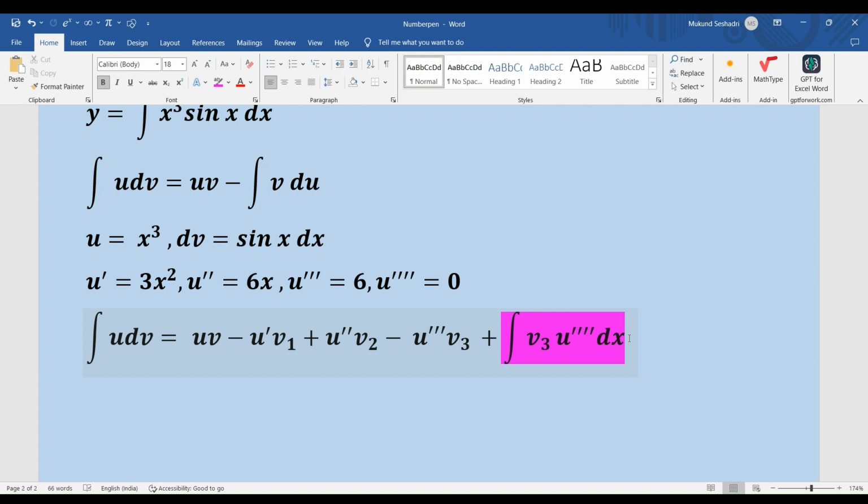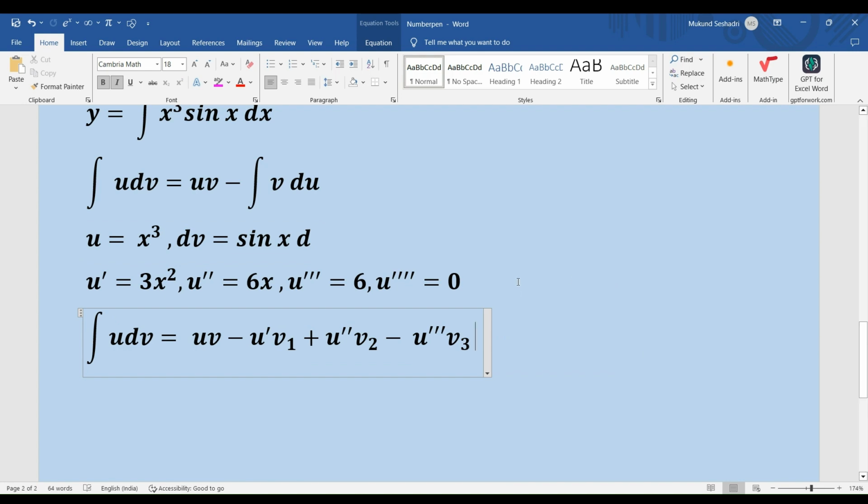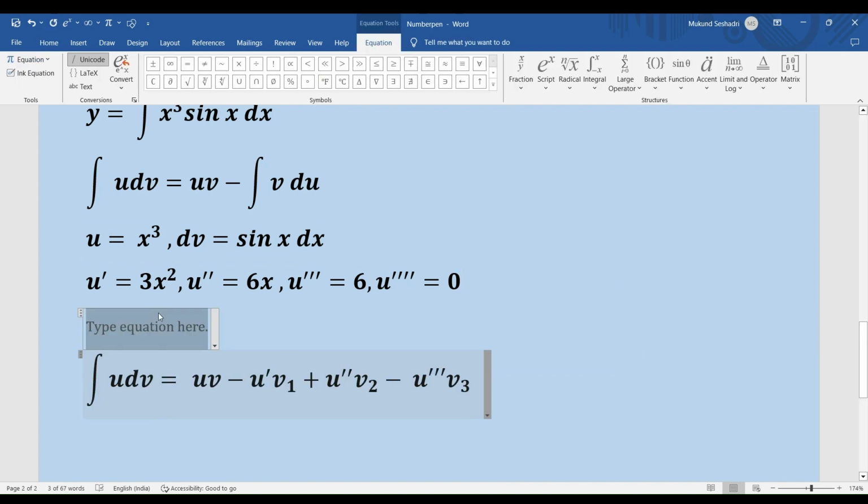So I'm going to eliminate what I've highlighted in pink here. So this is what we have. And then I'm going to go to the next line and evaluate my v. My dv equals sine x dx. Therefore, my v equals minus of cos x, right?